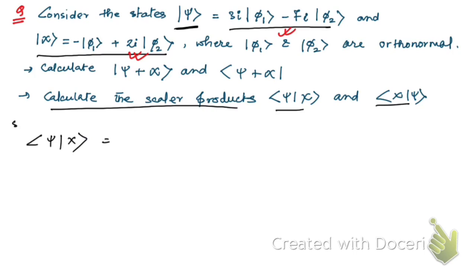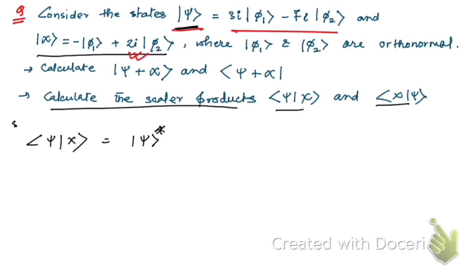So here you see, this is ket psi, that's why bra psi will be the complex conjugate of this ket psi, right?